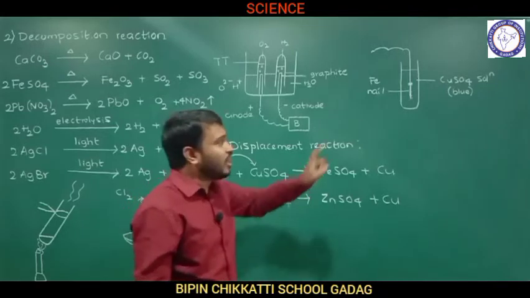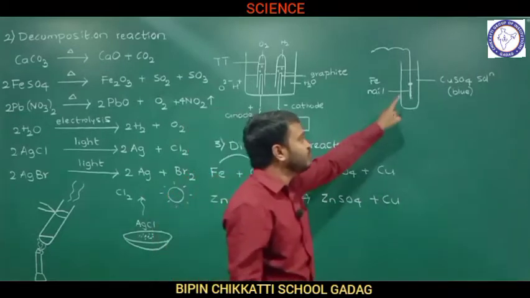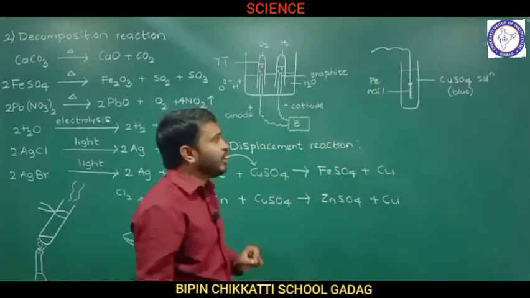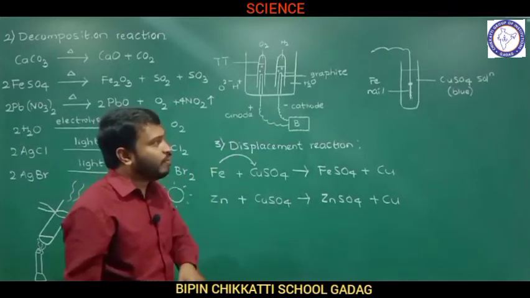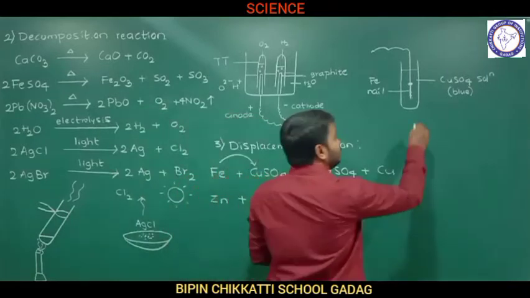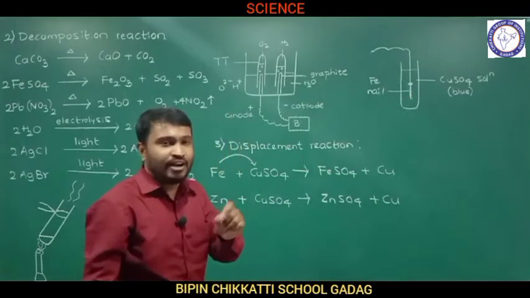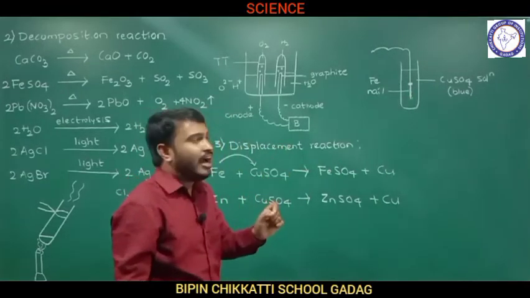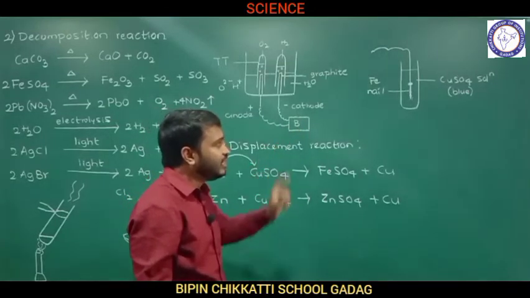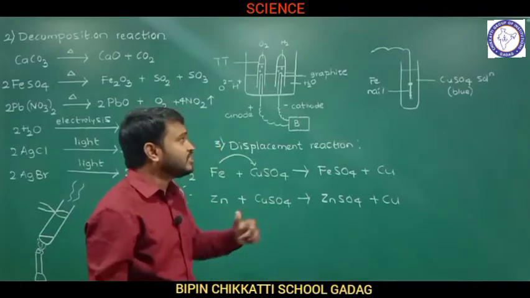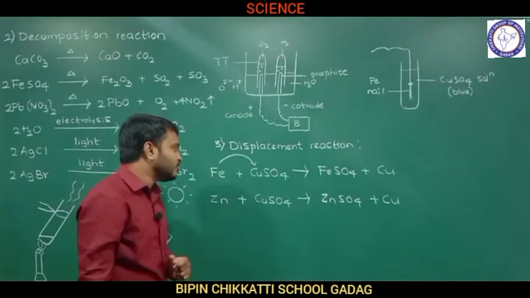So the blue color is going to diminish, and some kind of dark brown color we are going to get over the surface of the iron, and that indicates that iron is going to displace copper, and the product formed here will be FeSO4, ferrous sulfate, and ferrous sulfate is a little green in color, I told you that, and of course we are going to get somewhat green or somewhat brown colored substance over there. That is the FeSO4 we are going to get, and from this activity or experiment I can say the more reactive element iron is going to displace the less reactive copper.